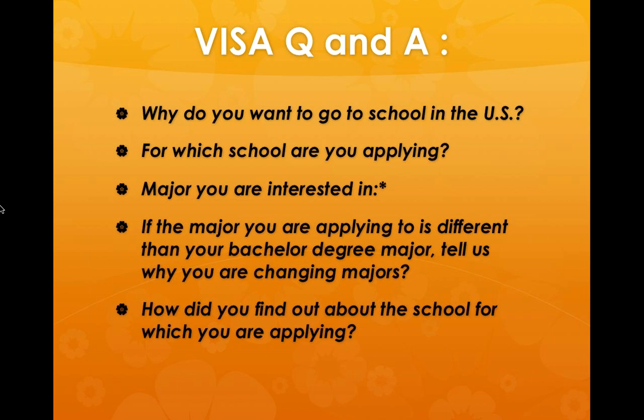So it is very important that everybody says, I have researched this on the internet. On the internet, you can see more than 4,500 universities talk about exactly that, why and how you came to know about this university.